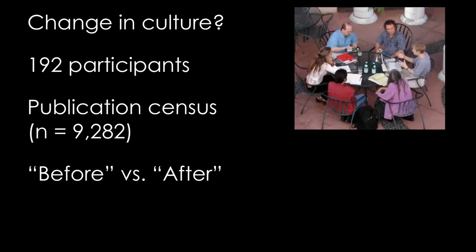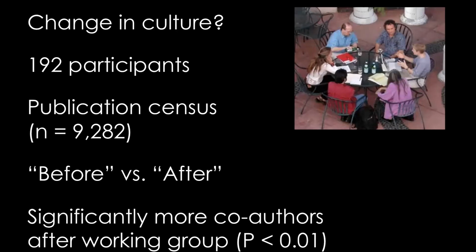And we compiled all of these publications and then looked at publication characteristics before and after working groups. And using co-authors as a proxy for collaborative tendencies, again, based on other sociological research, it did demonstrate that people had significantly more co-authors, so probably they were more collaborative, as they had predicted after the working groups when they took Ed's survey.